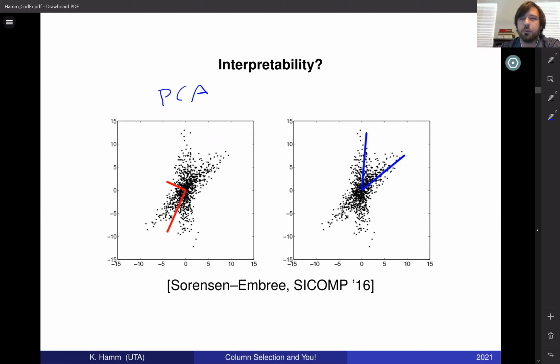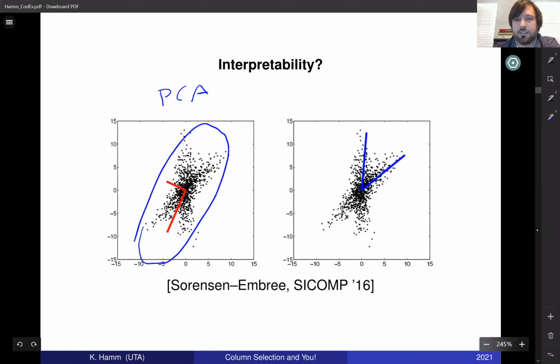And if you stop and think about this for a moment, this is what you should expect, because PCA is just finding the direction of largest variance within the whole data set. And so what ends up happening is that PCA is treating this data set as one enlarged Gaussian distribution, as opposed to finding that it's these two different ones, right?